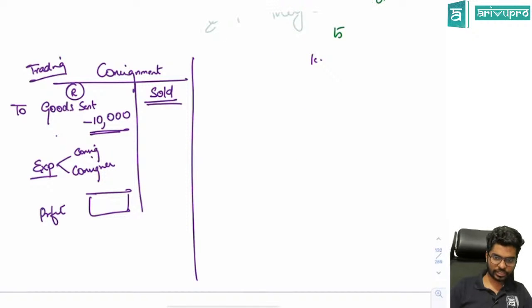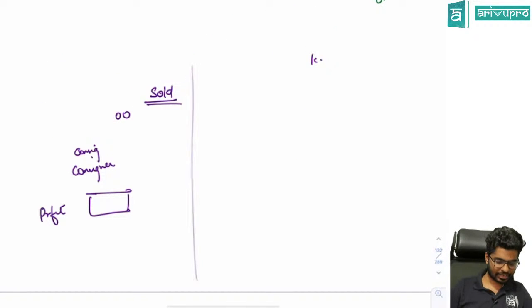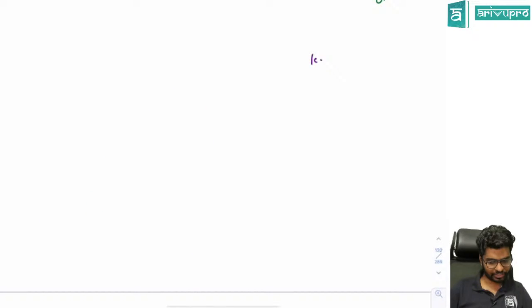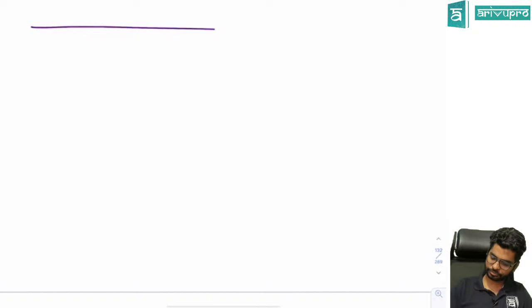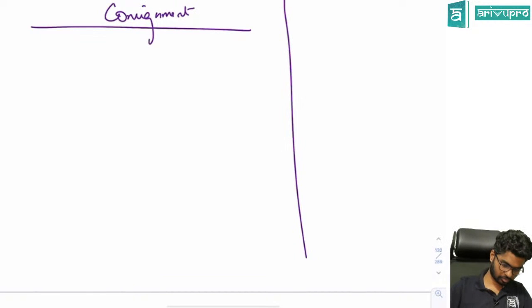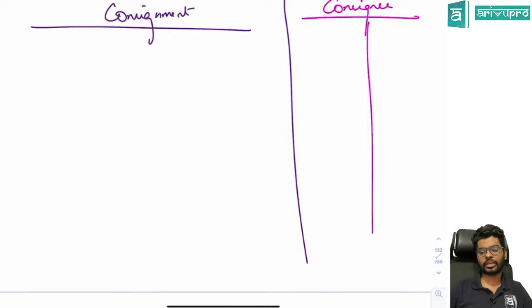Now, with this as a logic, let us try understanding the flow of entries, guys. Just first understand, I'm explaining it again. See here. Goods sent on consignment. What's the journal entry?